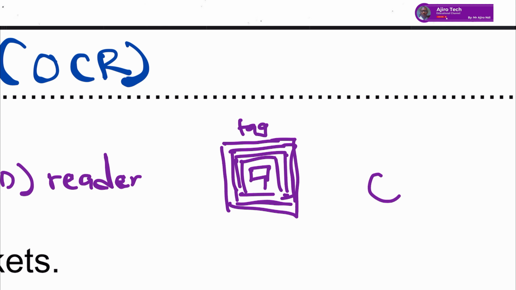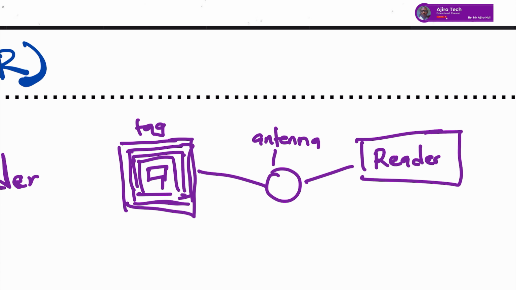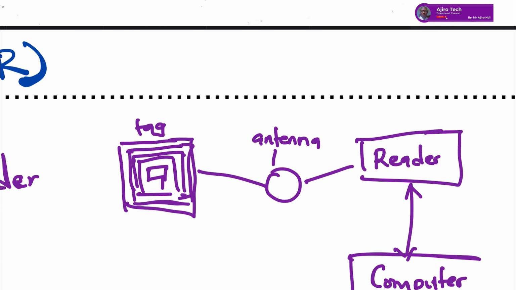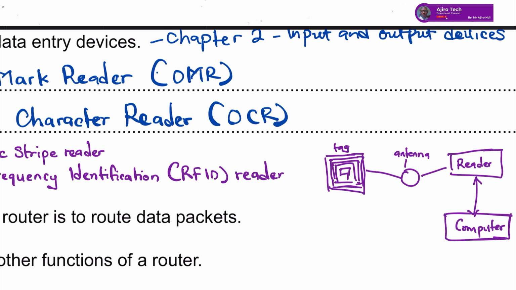We have an antenna here, and they're all connected here. Then you probably have something like this as a reader, and then you have data going back and forth with the computer. So this is what you have essentially. This is how it behaves.